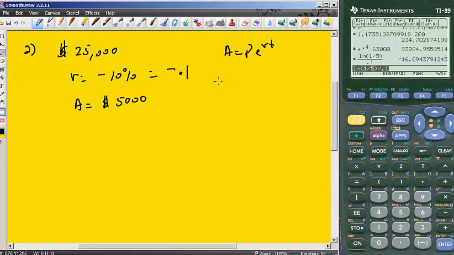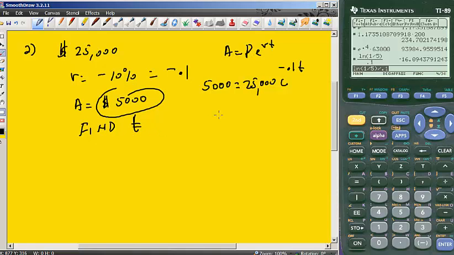So we know A to be 5,000. That's what we're going to end up with. P is what we start out with, which is 25,000. And then E to the negative 0.1 t, and we're trying to find out what time. How long does it take to get to 5,000? So we're going to divide by 25,000.